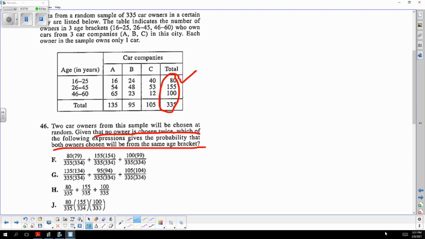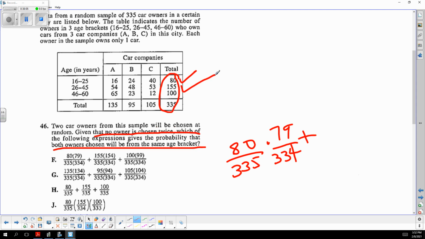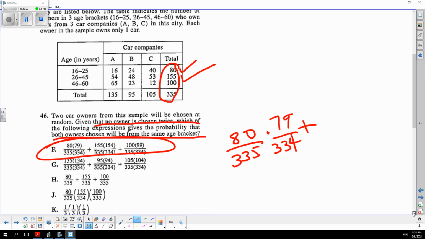So the first one would be 80 out of 335 times the second one would be 379, and then you have to add that to the possibility that both of them are in the middle age bracket of 26 through 45. So it's this one right here. Each one is counting the positions. 80 times 79, 155 times 154, and 100 times 99. That one's a tough one.